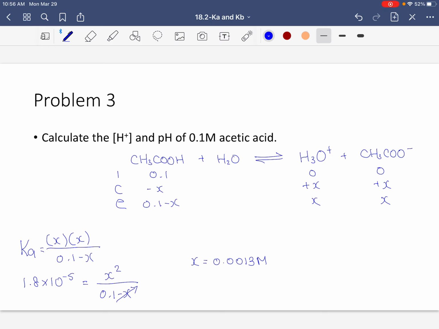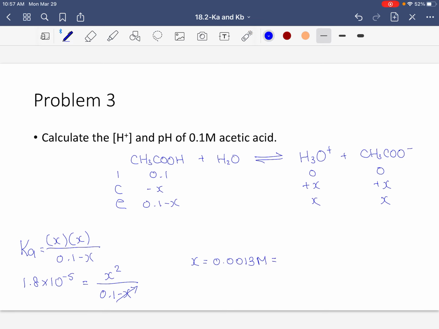See how small x is? So if you take 0.1 minus this number, it's really still 0.1. It's almost like $100,000 minus $1. You really still have $100,000. Okay, so there we go.